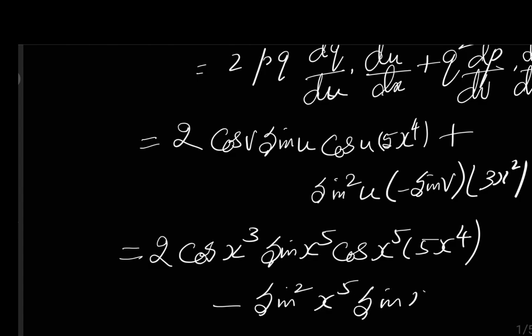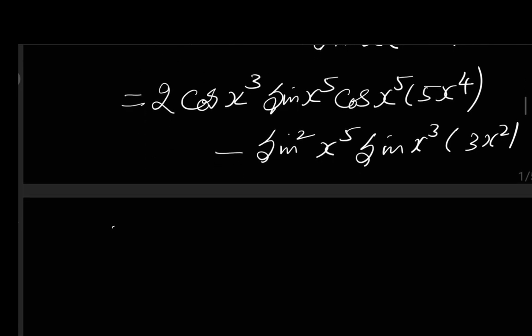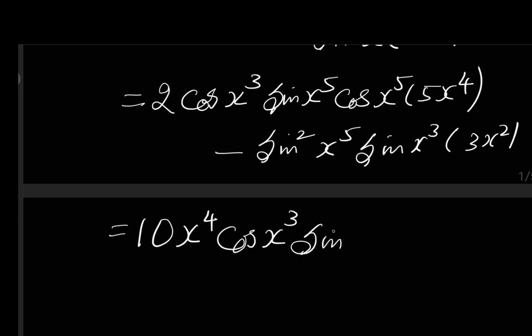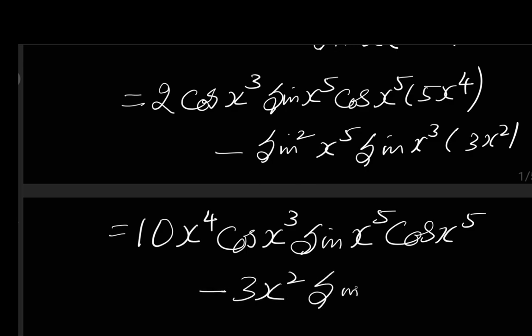Sin v, x³ into 3x². So write the constants in front. So 10, 5 2s are 10, x⁴ cos x³ sin x⁵ cos x⁵ minus 3x² sin² x⁵ sin x³. This is the final answer.